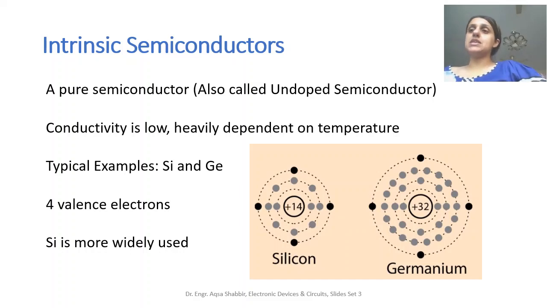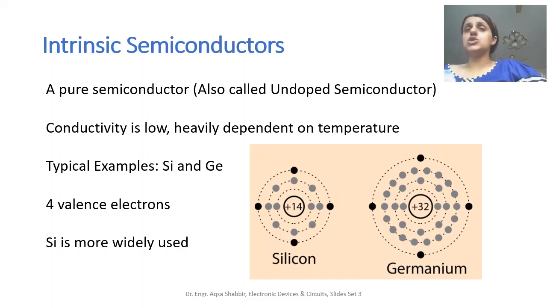Intrinsic semiconductors are basically pure semiconductors. By that it means that no impurity has been explicitly added to them in order to modify their properties or characteristics. Therefore, pure semiconductors or intrinsic semiconductors are also called undoped semiconductors.